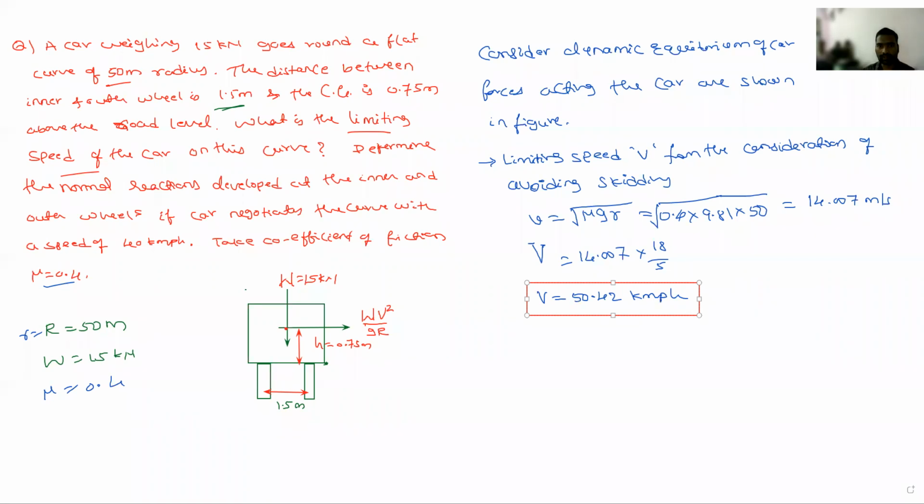Okay. So next I have to go for avoiding the overturning. Next is limiting speed from the consideration of preventing the overturning.